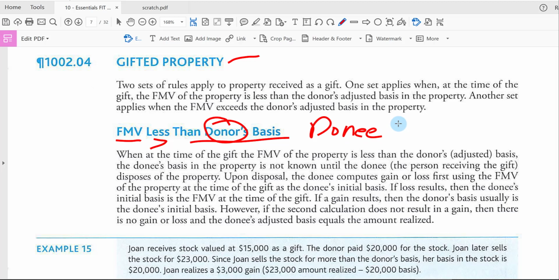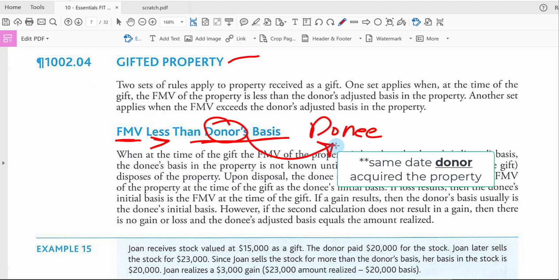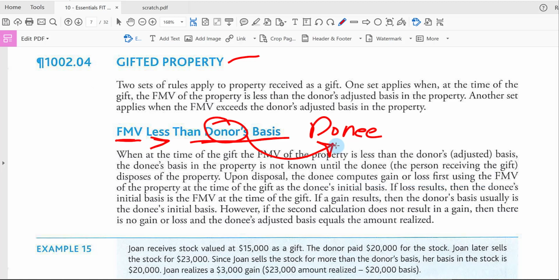And again, when the gift is made, if the value of the gift is larger than the basis of the donor, the donee is going to receive the property with a basis equal to the basis of the donor. They just step right into the shoes of the donor, even using the same date that the donor had acquired the property. Now, the harder situation is if the value has gone down as the donor owned the property.